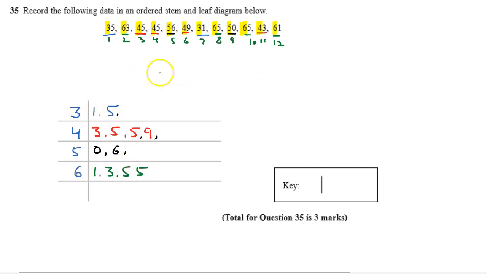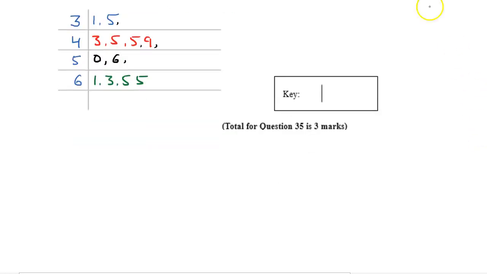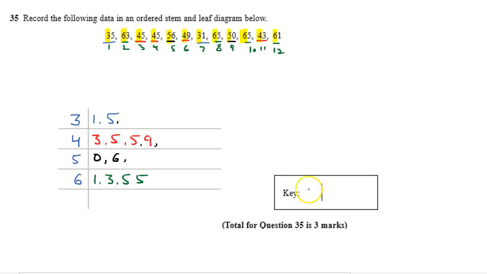We have 12 numbers, so this is correct. So this is the diagram, and the key is 25 means 25. So that is the key. So 43 means 43, 56 means 56, 50 means 50.